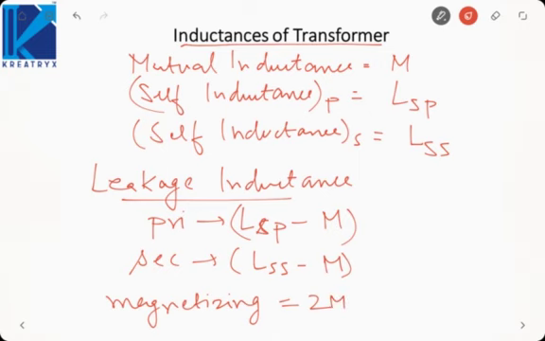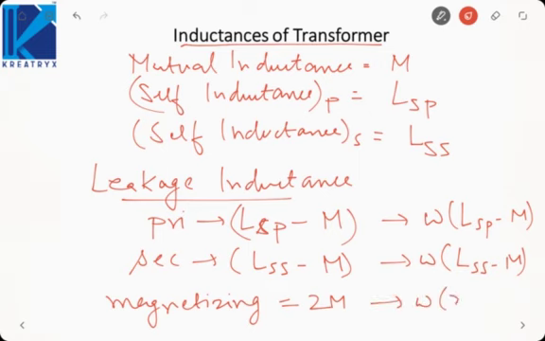Now you can create the reactance as omega into LSP minus M, omega into LSS minus M, and omega into 2M.